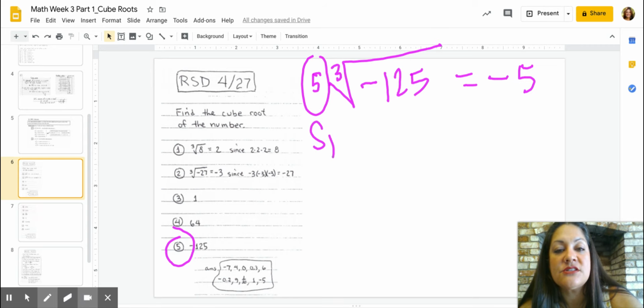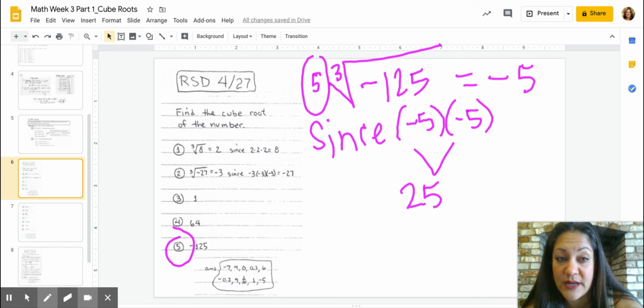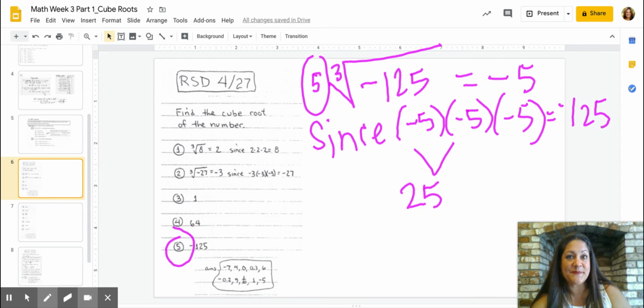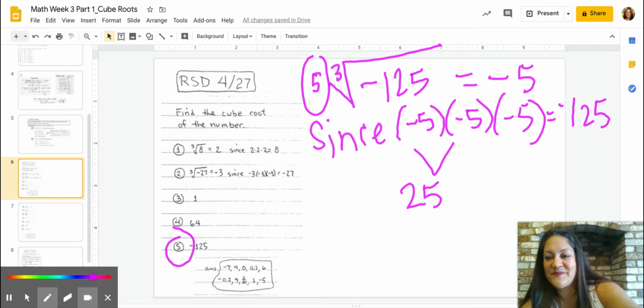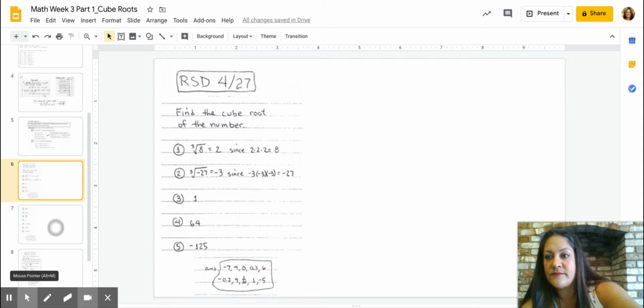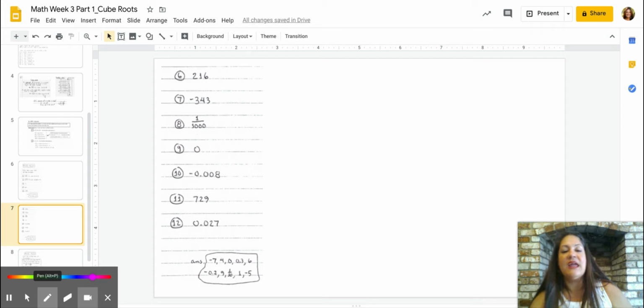And I know that is true since negative 5 times negative 5 would be a positive 25, times another negative 5, and that is going to equal negative 125.